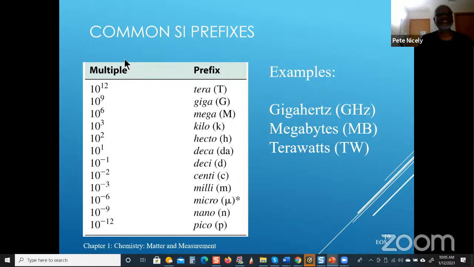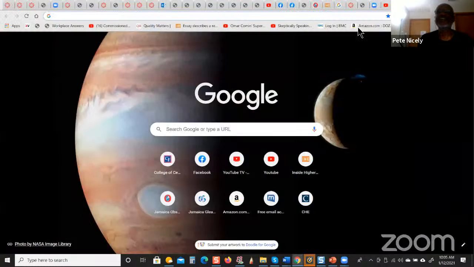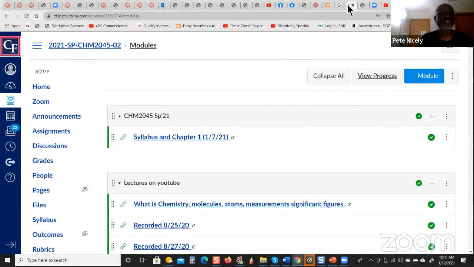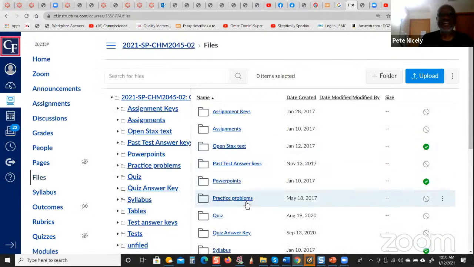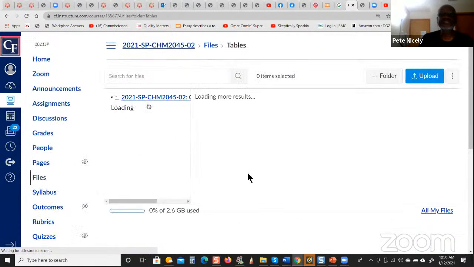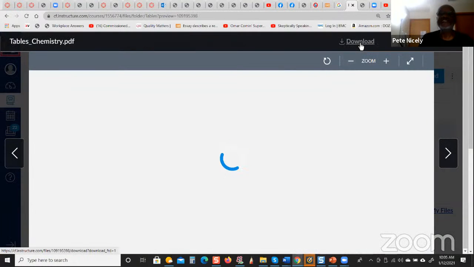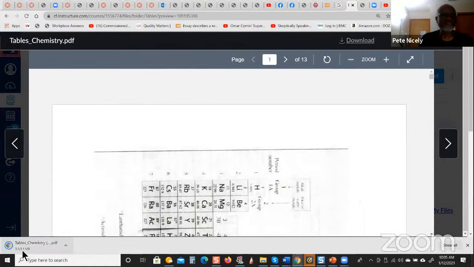So as you can see here, this is just a short list of all the prefixes. If you go to the table that I've posted in Canvas, let me show you where. So if you go to Canvas and you go to Files, and then go to Tables, and go to Tables Chemistry, I have provided for you a more comprehensive list of all the prefixes that you're going to need.